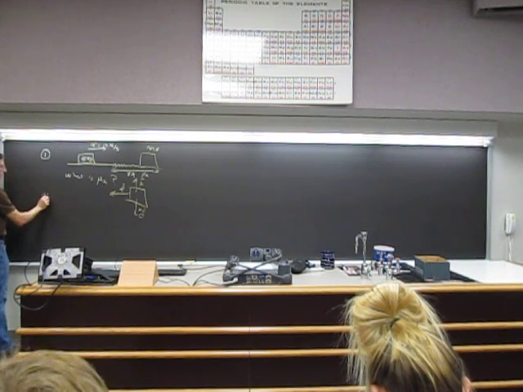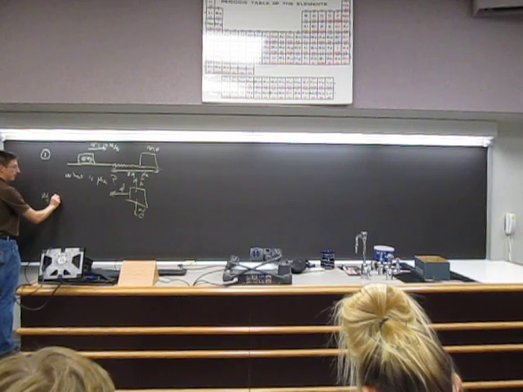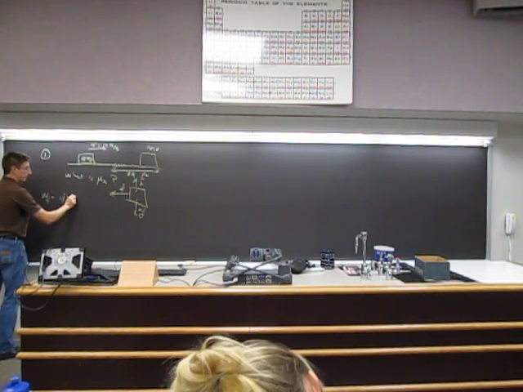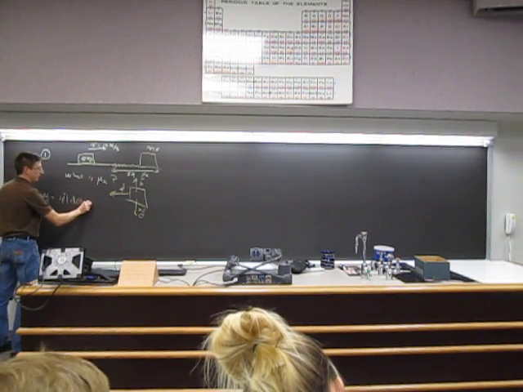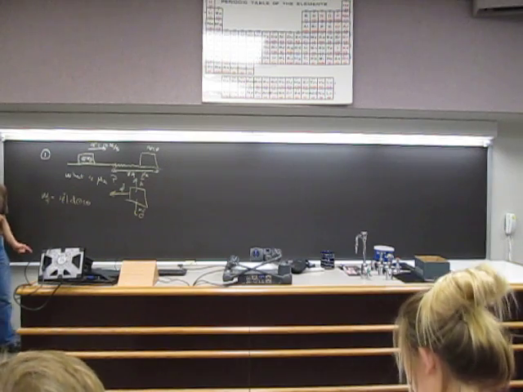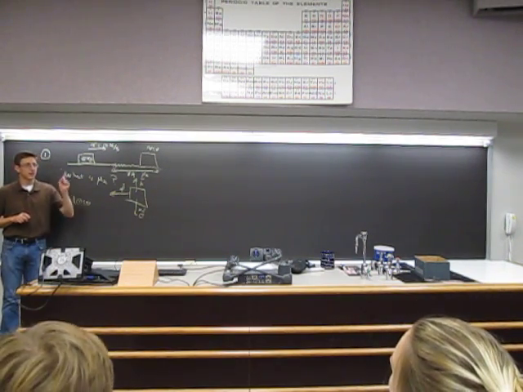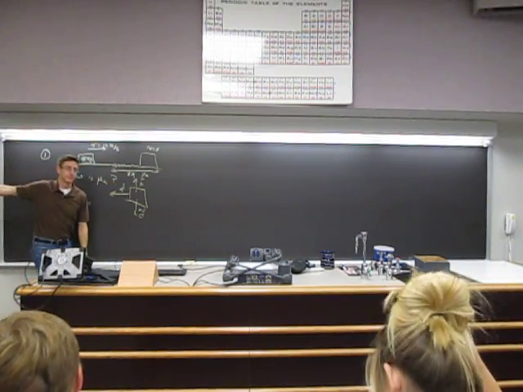So the work done by friction is its magnitude of the friction force times the distance traveled, which would be 2 meters, times cosine of the angle in between the distance and the force. So what's that angle? 180, because the distance is that way, and the friction force points that way.